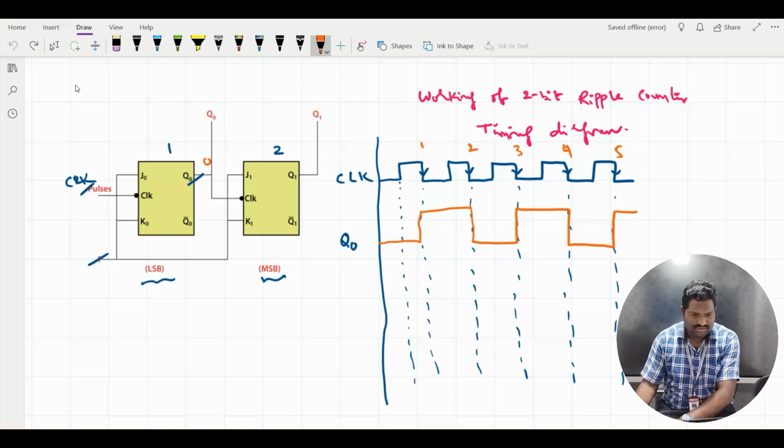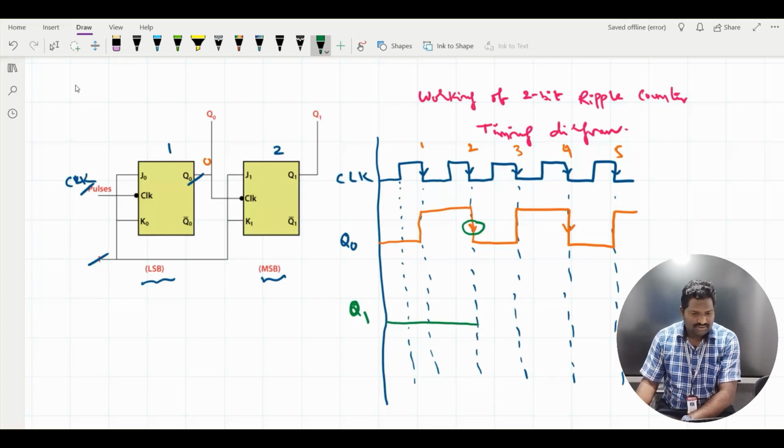So I will also consider the negative triggering clock. So I can write here, this is the negative edge triggering, which is used as a clock pulse for the second flip-flop. Now I will draw the timing diagram for Q1. Up to the triggering of this clock pulse, Q1 is 0.